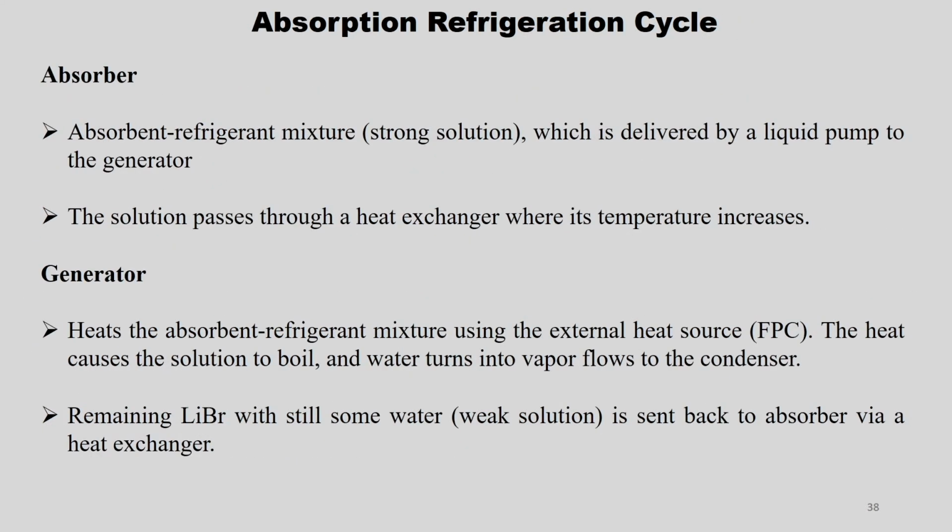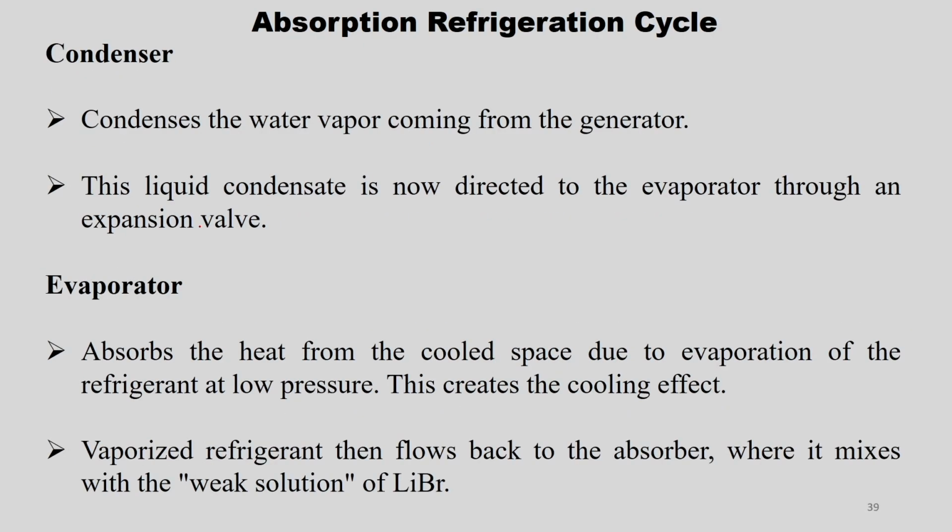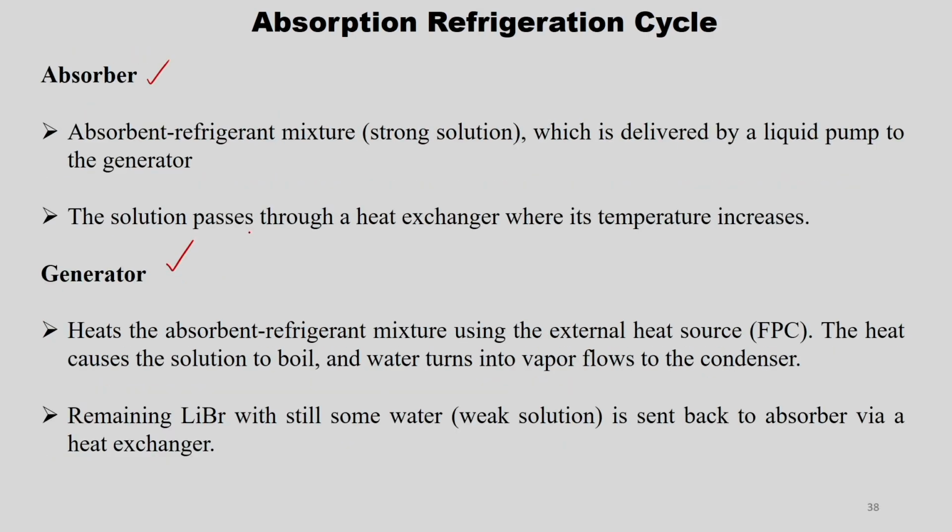That is what is being done in absorption refrigeration cycle. So, here there are 4 components: absorber, generator, condenser and then evaporator. So, if you see, absorber is the new one here, and generator is new one here, otherwise evaporator and condenser are pretty much similar.